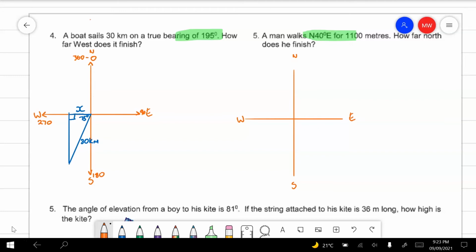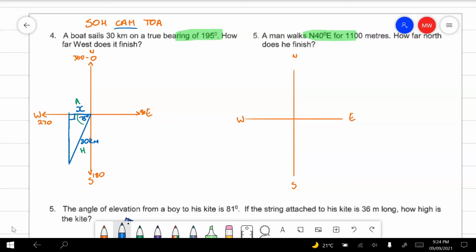So we remember the rule. We know which rule we're going to use, and we'll label this one up. If this is my reference angle, this one's my adjacent, and this one's my hypotenuse. This is the opposite, but this is irrelevant for this question. So we find ourselves using the cos rule because we've got the adjacent and the hypotenuse.